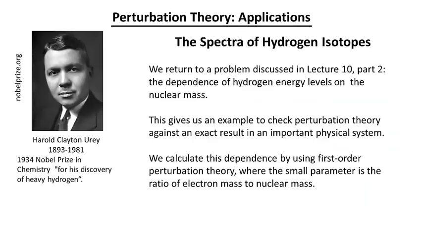So this is a fairly important problem in the history of science, and it's a useful testing ground for perturbation theory because we do have available to us an exact solution, so we can compare perturbation theory in the limit.